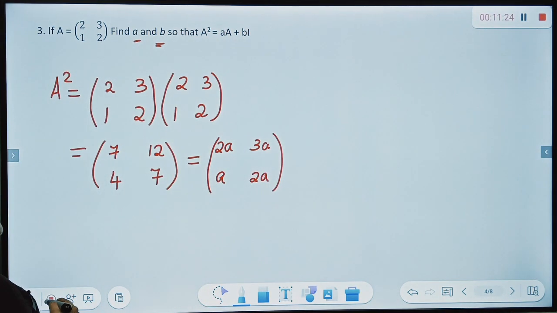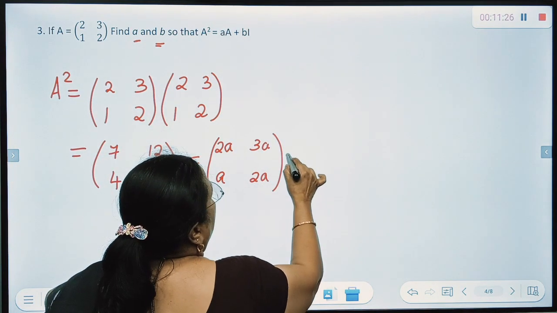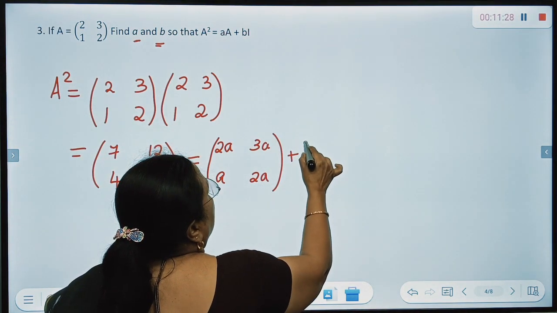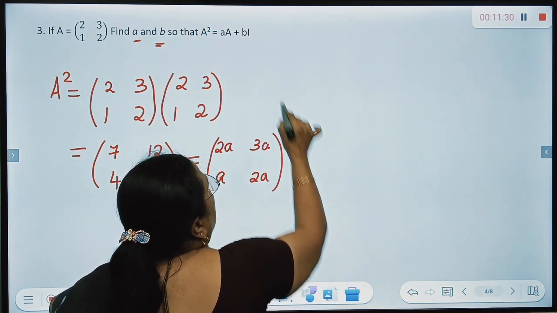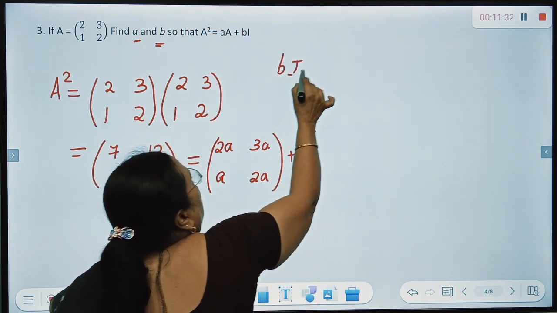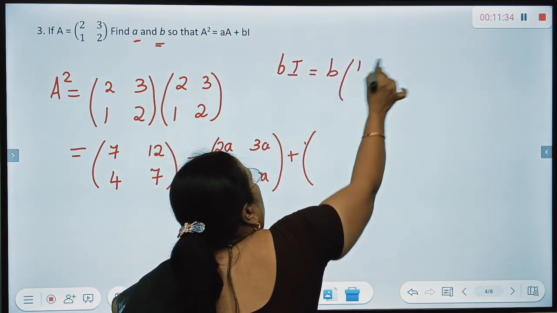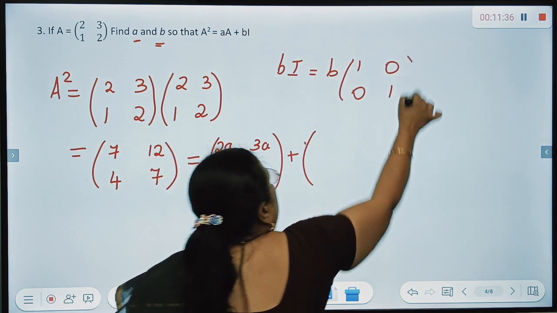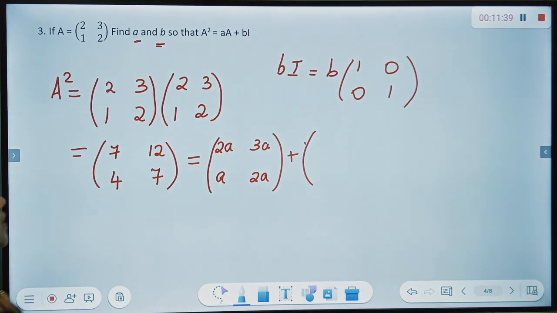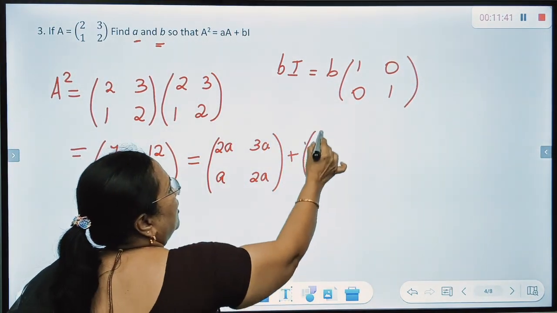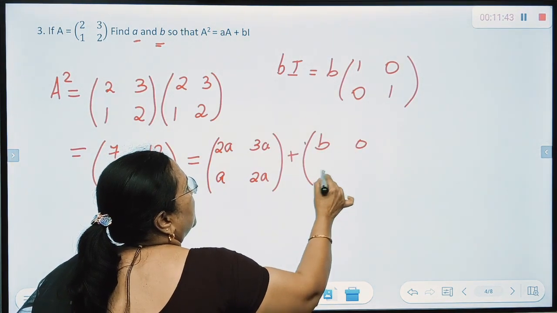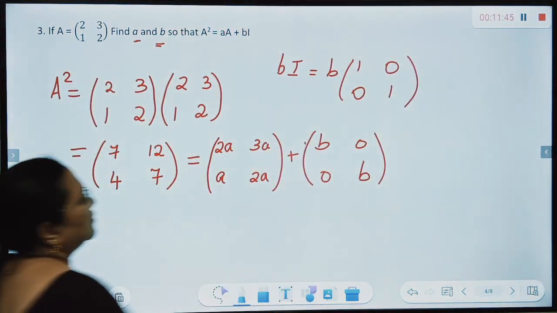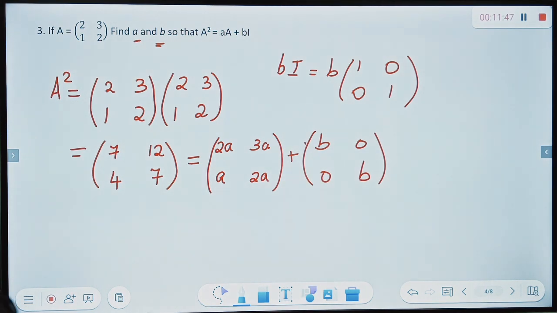So this is aA plus bI. bI will be b into 1, 0, 0, 1. So again you multiply every term, you will get b, 0, 0, b. Okay, are you able to follow?